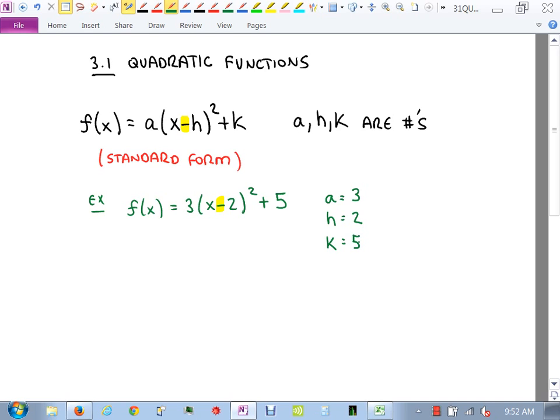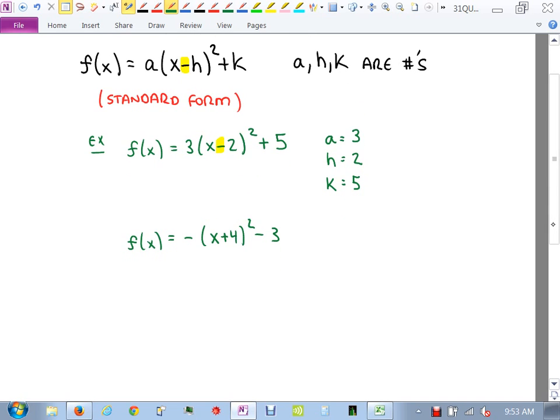Y'all agree? Okay, let's do another one. Is that a quadratic function in standard form? Yes? What's a? -1, good. What's h? It's actually -4, and that's where it can get a little tricky.